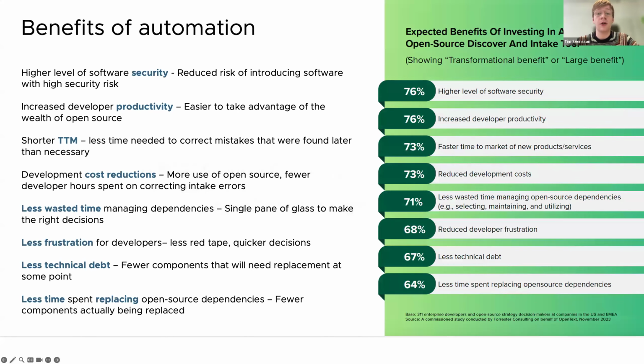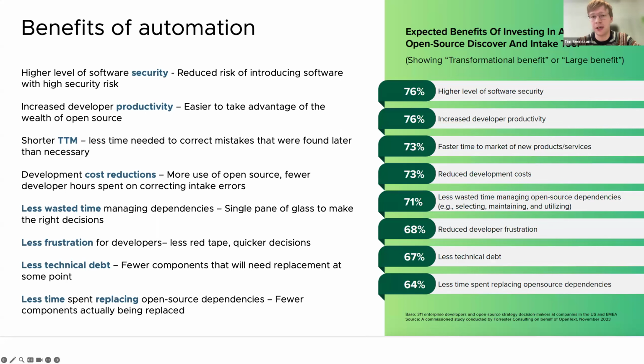So then what are the benefits of automation, and what are the expected benefits of the people responding in the survey? This will show people that have answered that this would have a transformational benefit or a large benefit to these specific points. So 70% answered a higher level of software security, reducing the risk of introducing software with high security risk.